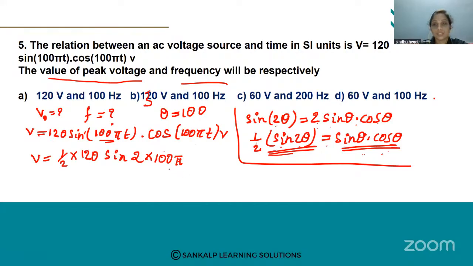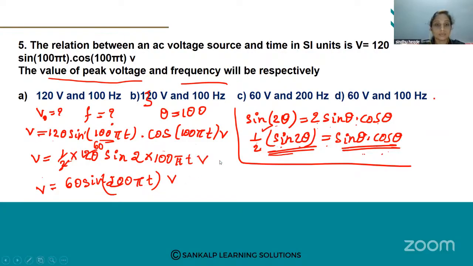In the place of θ here, they consider 100π. So I am substituting this. Half of 120 is 60, so finally it becomes 60 sin 200πt volt.